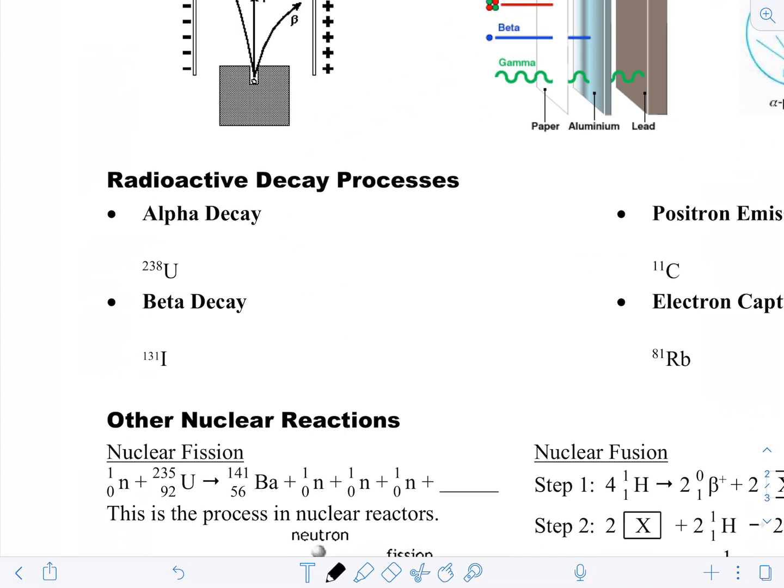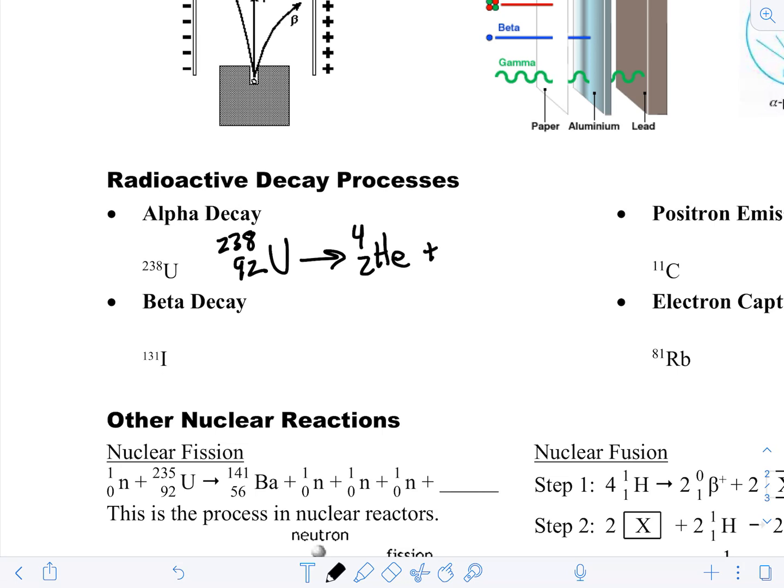Okay, so here is alpha decay, and they typically will give you the isotope, but they don't give you all the other information. So you have to look up on the periodic table the atomic number for uranium. After this section, you're probably going to know it off the top of your head because you'll do it all the time. So we have 4,2 helium, which is our alpha particle.